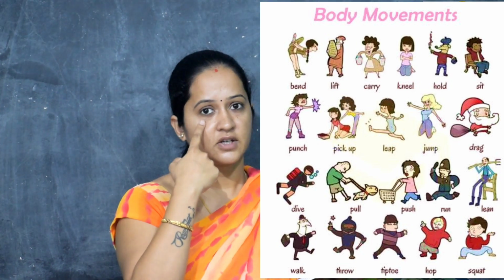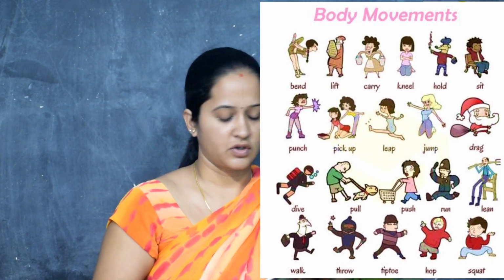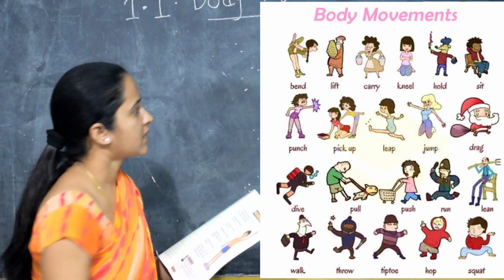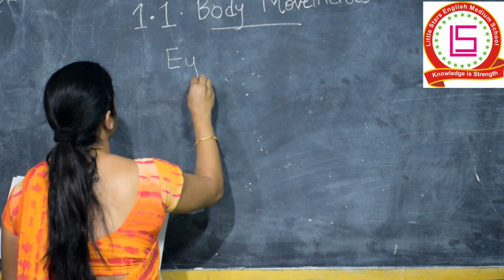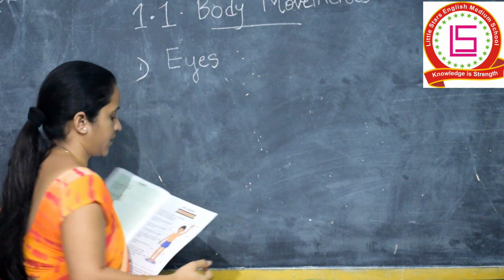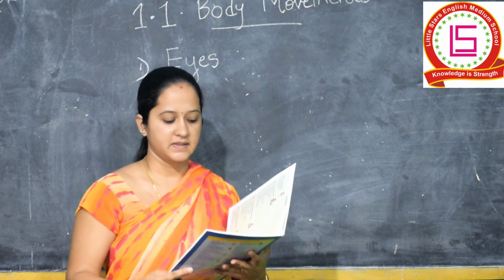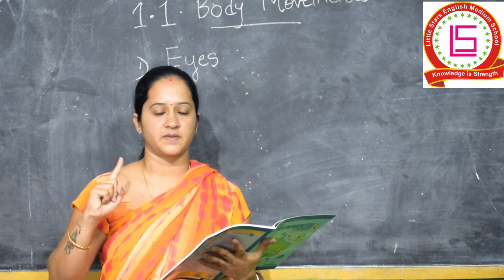You can see everything with your eyes. So the first one is our eyes. Our eyes help us to read and see things around us.